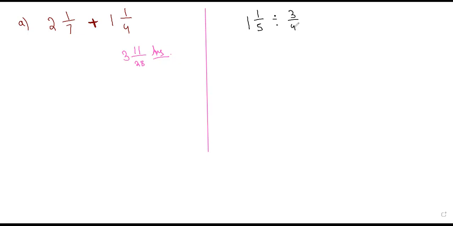Keep, flip, change. 6 times 4 is 24, 15, and could you make it that both have 3 go into them? It's 8 over 5. Is it 1 3/5?